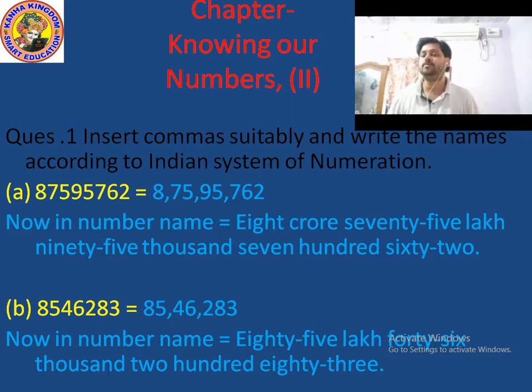And in the lakhs period, you all know there are two place values, that is lakhs place value and 10 lakhs place value. So which digit is in the 10 lakhs place value? 8. And which digit is in the lakhs place value? 5. So which two digits are in the lakhs period? 8 and 5. How can we read 8 and 5? 8 and 5 means 85. We read 85 lakhs.